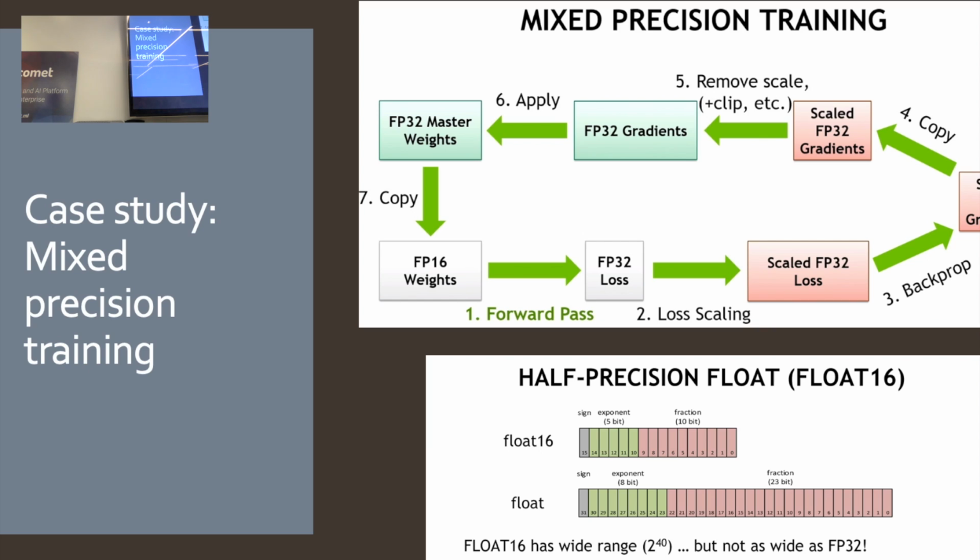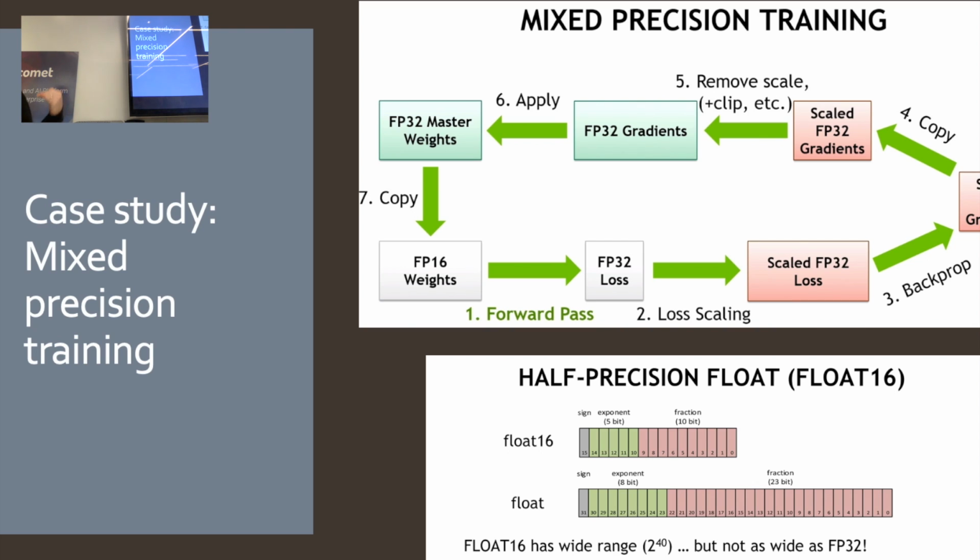Once you have computed your loss, you scale it, which seems weird, but that's to take care of the other problem: gradients are very low numbers. If you compute your gradients in half precision, which is what we're going to do, you have a very good chance that a lot of your gradients are going to become 0 just because they fall under the lower range of FP16.